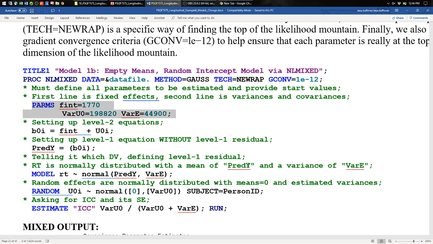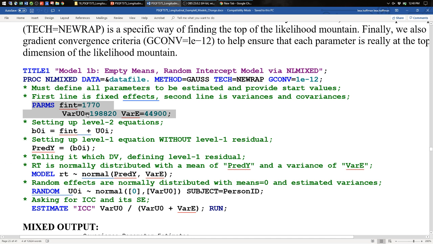F int. Can you guess what I mean by that? Fixed intercept. Yeah. You could call it anything you want. You could call it Bob, or you could call it gamma 00. But naming it something that you will know what it means will make it a lot easier for you to follow your own code. On the second line, I have var u0.